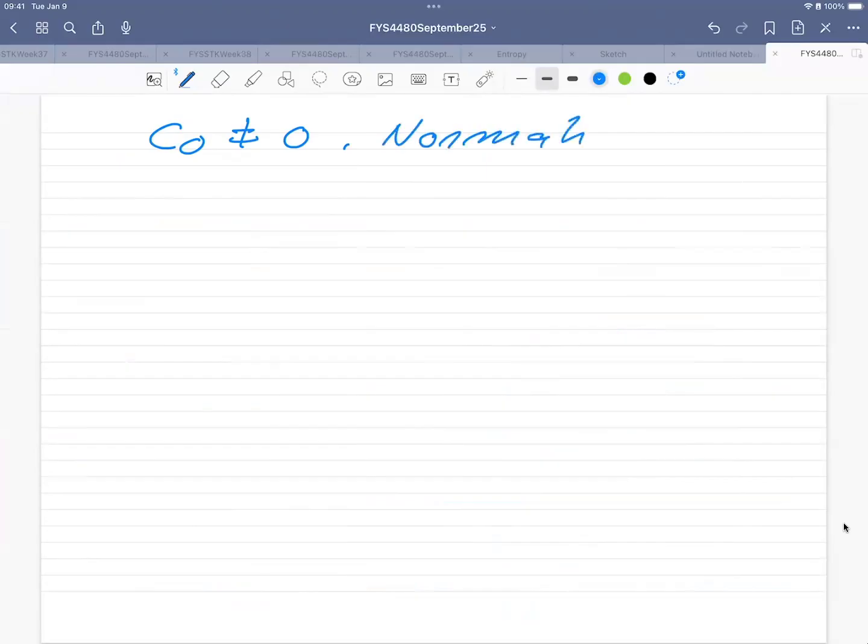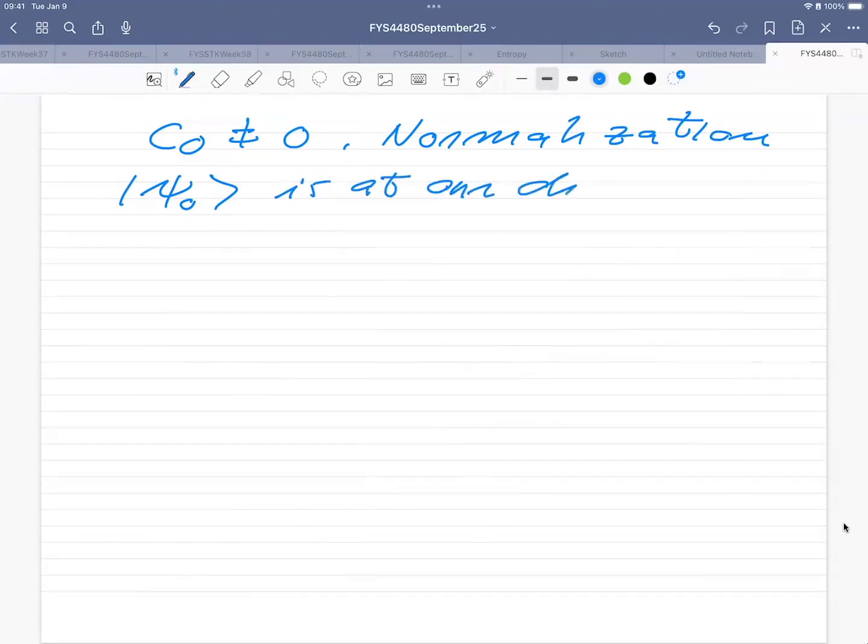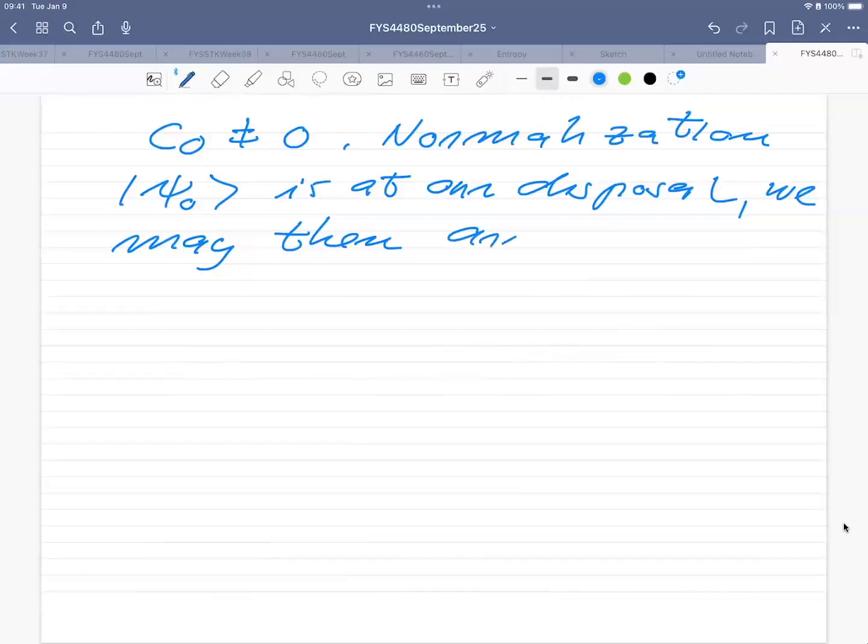And the normalization, so let's just write this down. The normalization of the final state of psi 0, or any state which we're expanding in this one, is in principle at our disposal. There is nothing magic with the way you normalize things. And that means that since it's at our disposal, we may then arbitrarily, and that simplifies the notation a lot, set this C0 to 1.